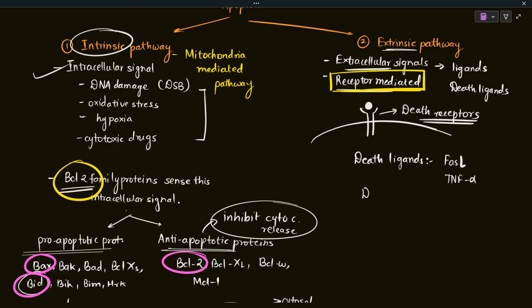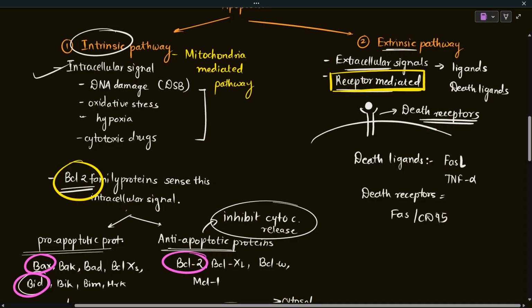While the death receptors, which are present on the cells, are FAS, CD95, or the TNF receptor 1. So those are the death receptors.